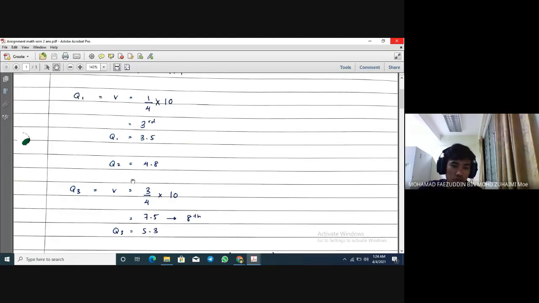Quartile 2, as mentioned in the question, the median is 4.8, so we can use the 4.8 as the quartile 2. And then for the quartile 3, we use the equation R equal to 3 over 4 times 10, and we will get 7.5, and we can round off the value to 8, and the eighth placed in the data given is 5.3, which is the quartile 3.